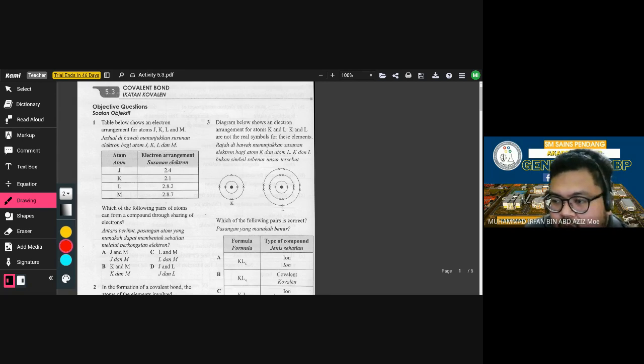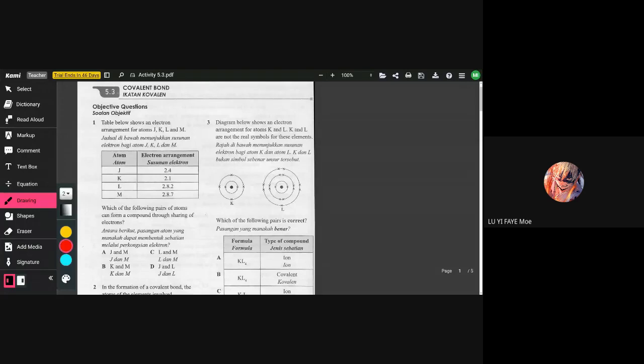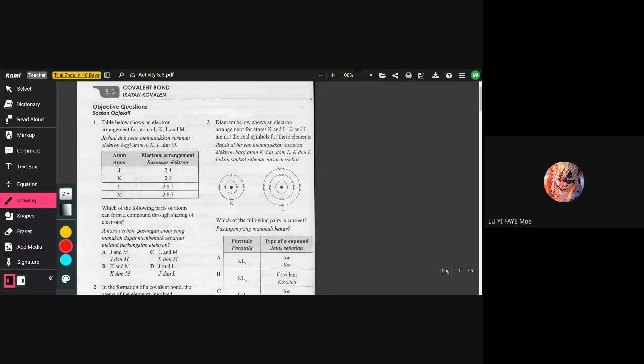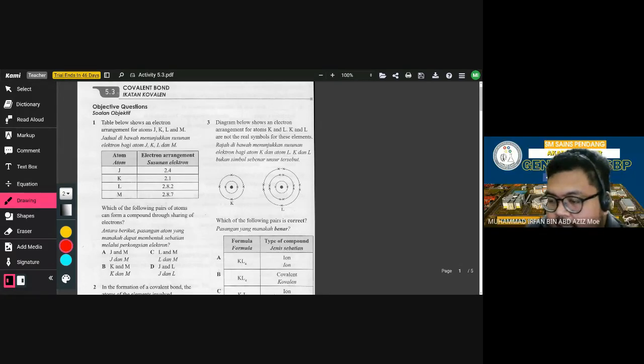Okay, anyone? Do you have a different answer from A? Teacher, I got B. Okay, why B? Because I see 2.1 can have one electron to 2.8.7. K and M. Okay, read the answer.